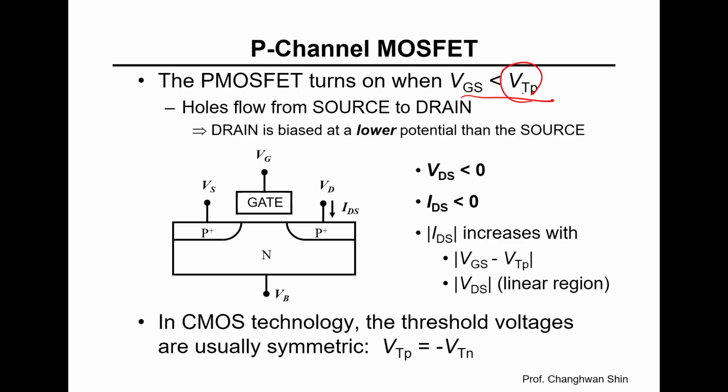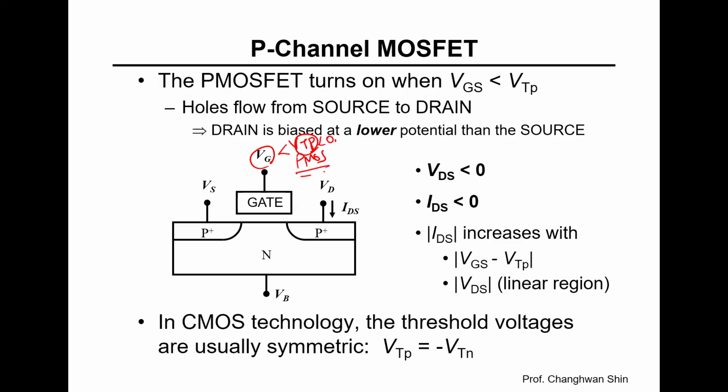Okay? So when it is activated, holes flow from the source to drain, which means that the drain is biased at a lower voltage. The PMOS turns on when VGS is smaller than VTP, which is negative.